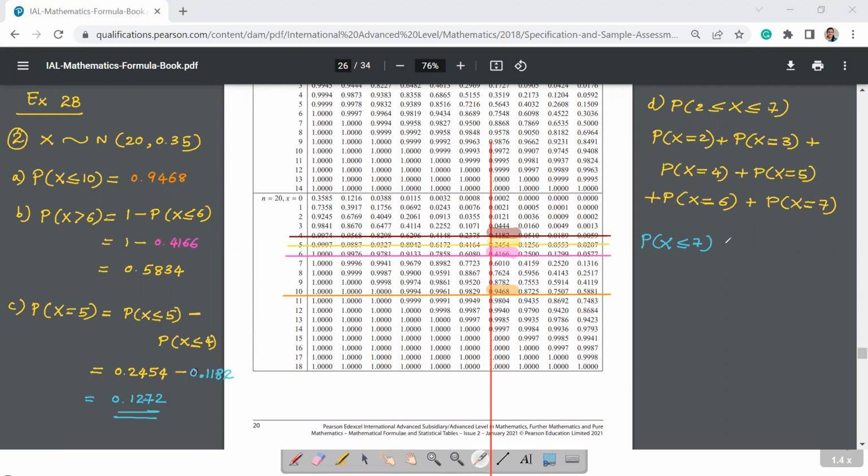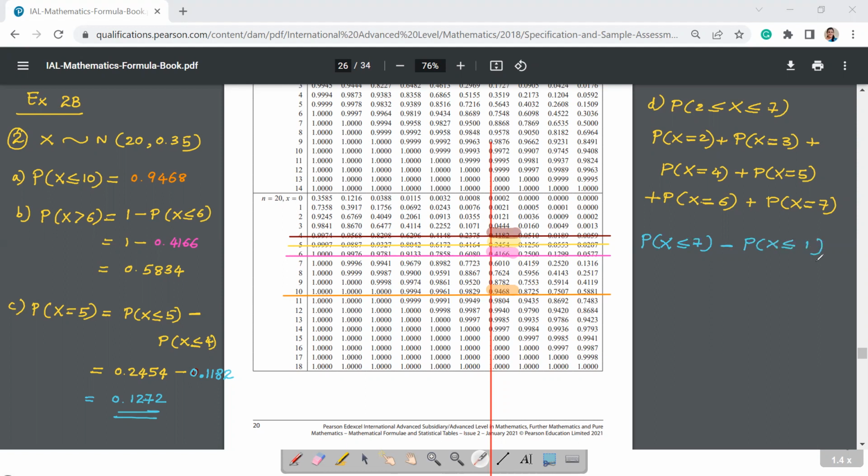So from x less than or equal to 7, what do I need to remove? You can see that we start with 2, right? So I don't need the x equal 0 probability. I don't need the x equal 1 probability. Do I need x equal 2? I need x equal 2. So I should remove 0 and 1, which means I should remove the probability x is less than or equal to 1.